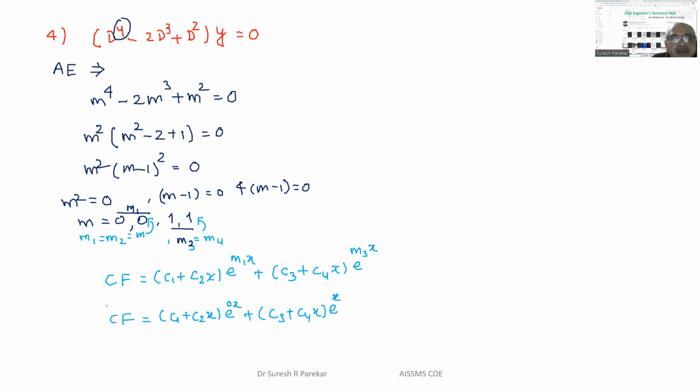E to the power 0x you can write as 1 also, because anything to the power 0 has value 1. So likewise, we have this fourth problem. This is our second type.